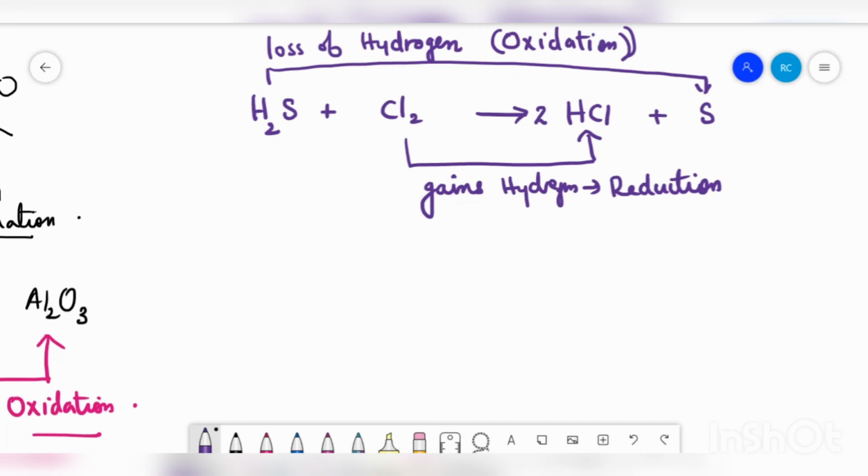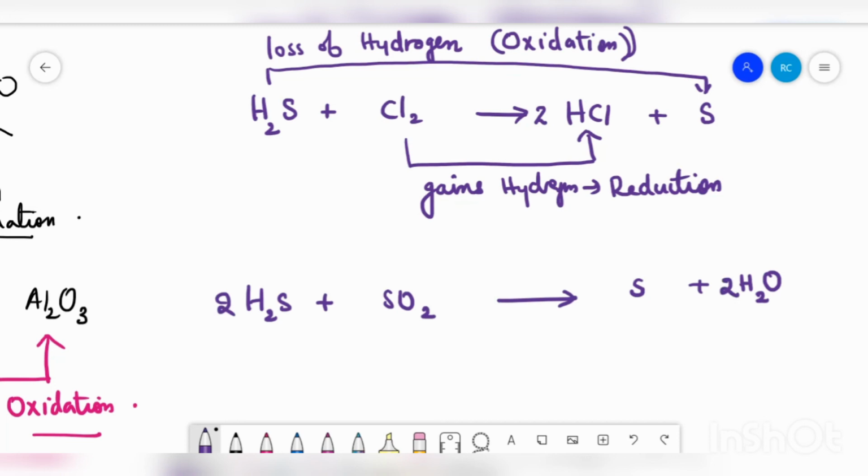Now one more example we can see, that is the reaction between H2S and SO2. This will be reacting and forming sulfur and H2O. So when you balance, you will need 2 H2S for SO2 on the reactant side, and on the product side we need 2 H2O.